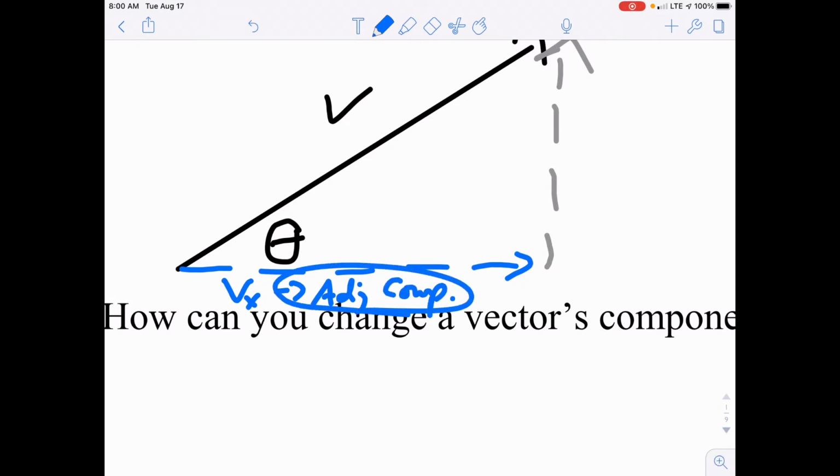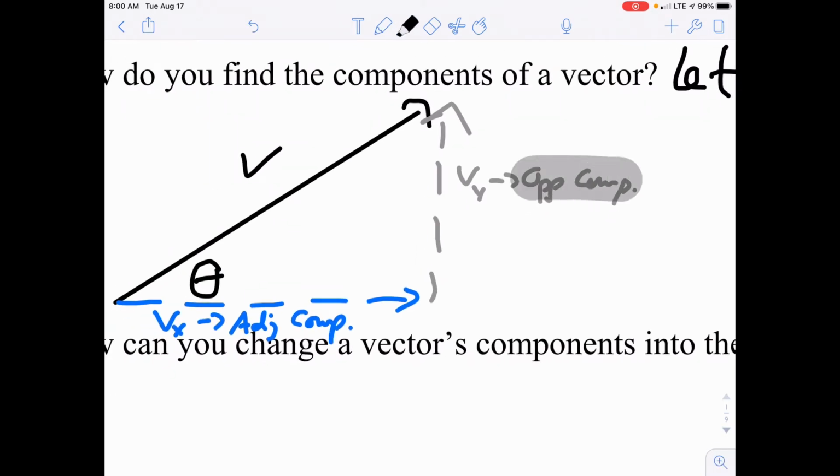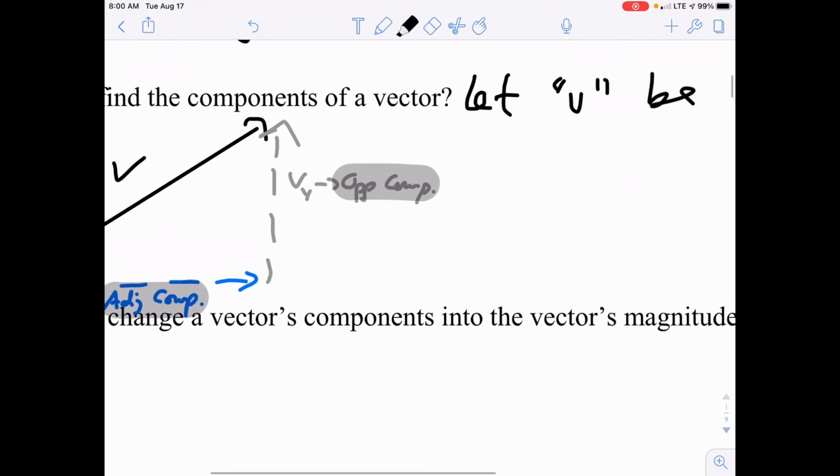That is the better way to refer to it, because if we flip our triangle upside down and twist it, we need to be able to identify the opposite and adjacent components. Okay, so now the gray component, V sub y, that's referred to as the opposite component. From here on out, ladies and gentlemen, I'm going to refer to them as adjacent and opposite components.